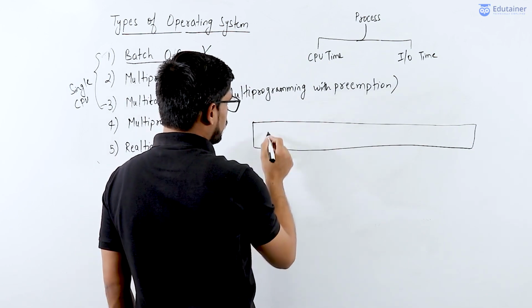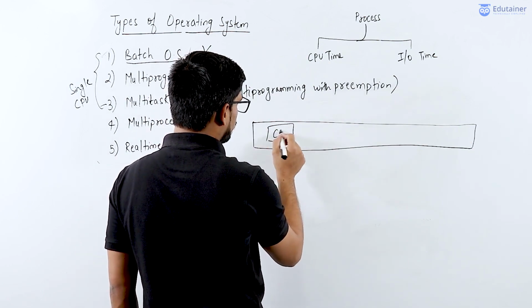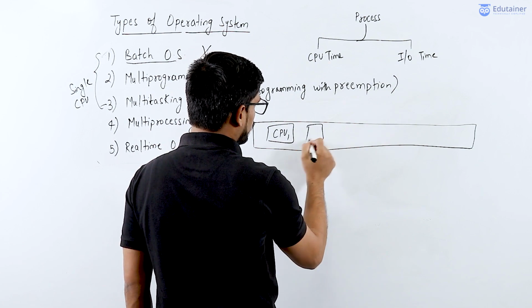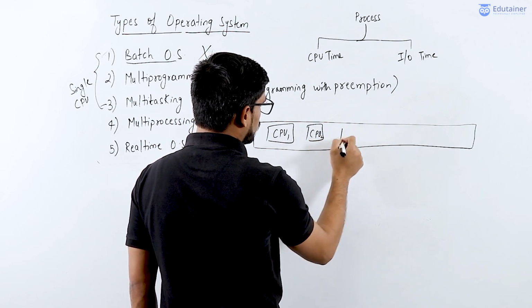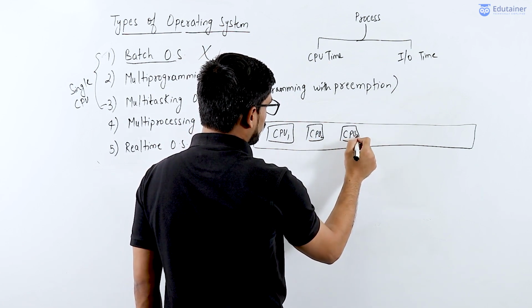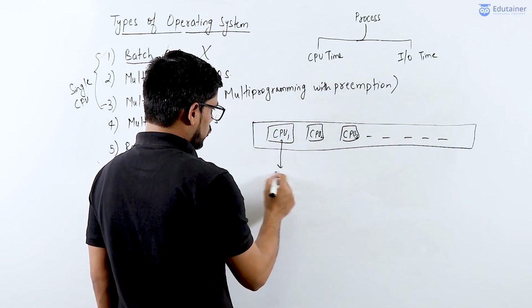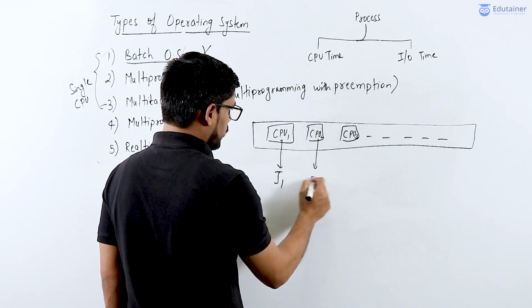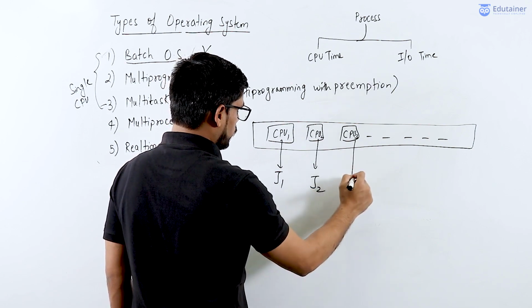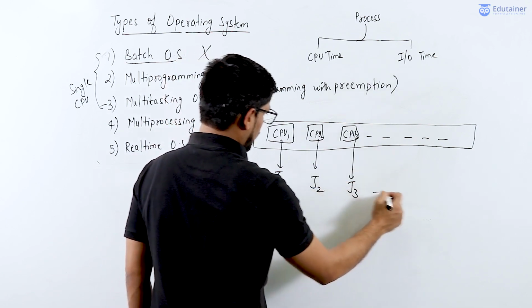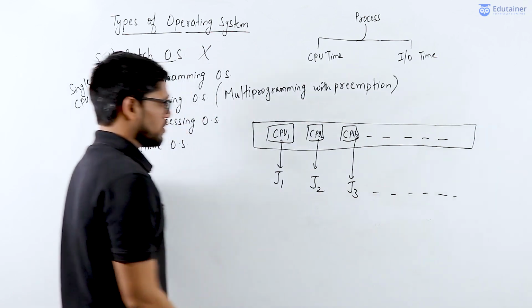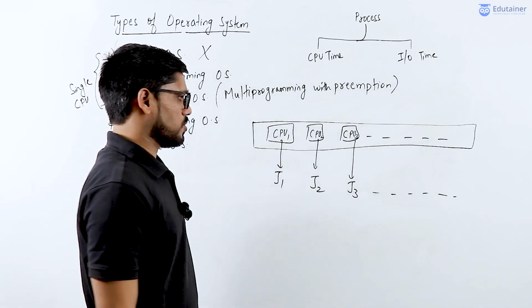So let's say we have CPU 1, CPU 2, CPU 3 and so on. CPU 1 will do job J1, CPU 2 will do job J2, CPU 3 will do job J3, and similarly all the CPUs will do their respective jobs.